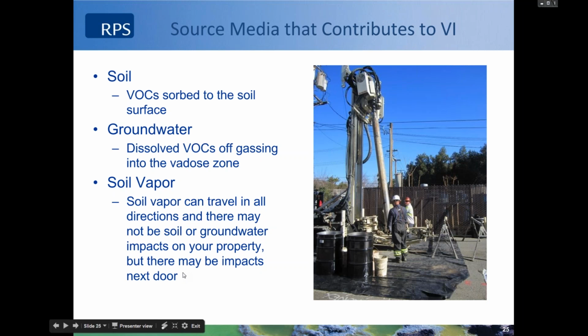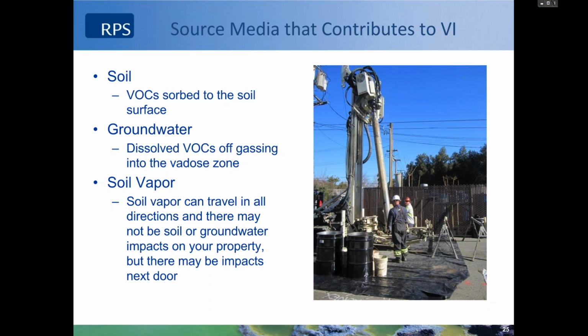So we've now looked at our site, and we know that there might be some sort of chemicals, but where do the chemicals come from, and how do they get into my building? So the first way that they can get into your building is from those chemicals being actually attached to the soil. So we'll call that absorbed to the soil. So they're absorbed on, and they're able to off-gas into your building.